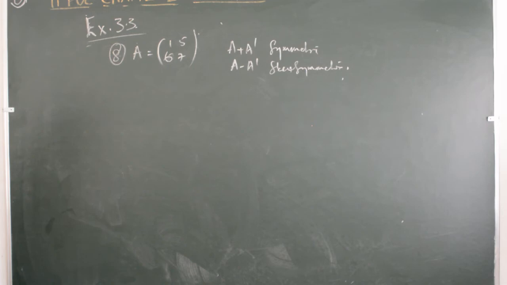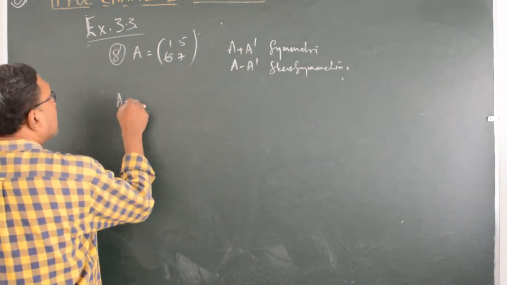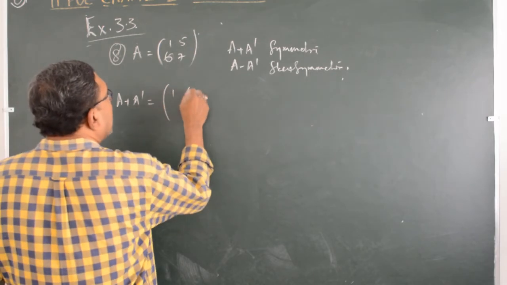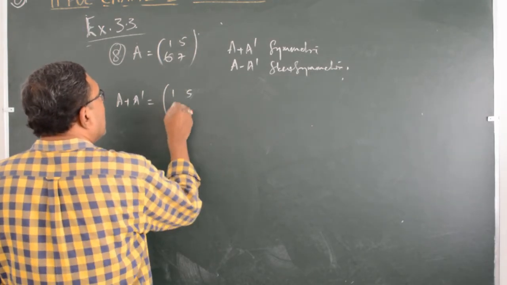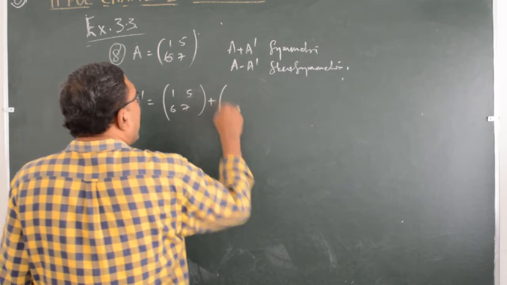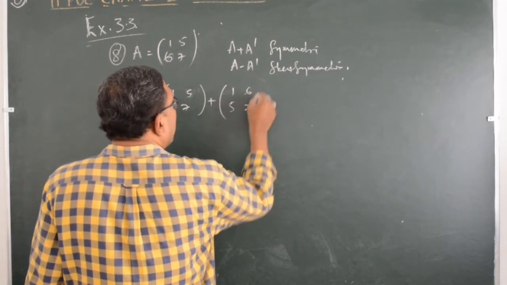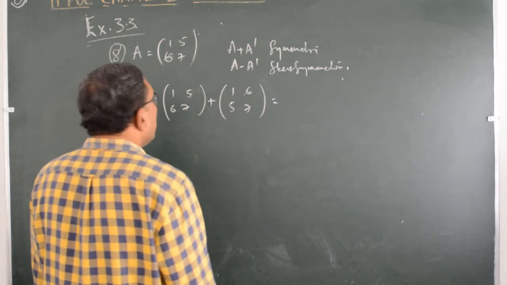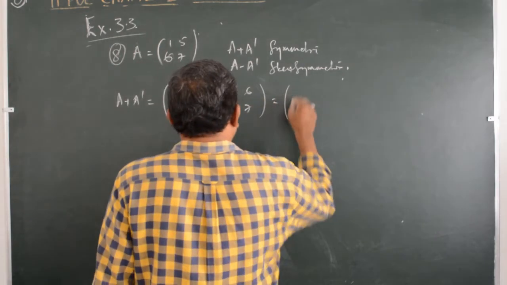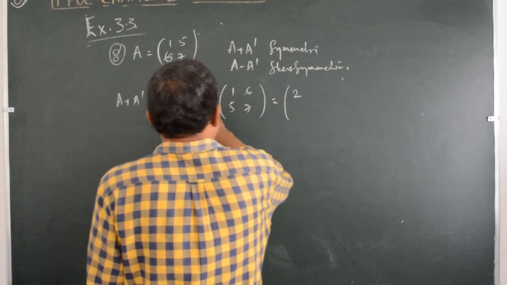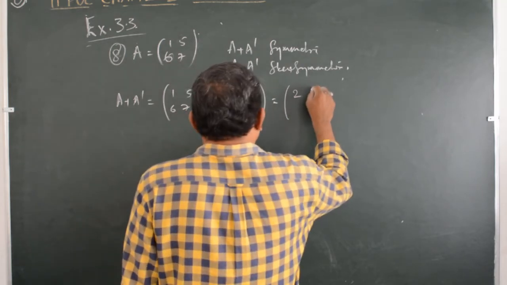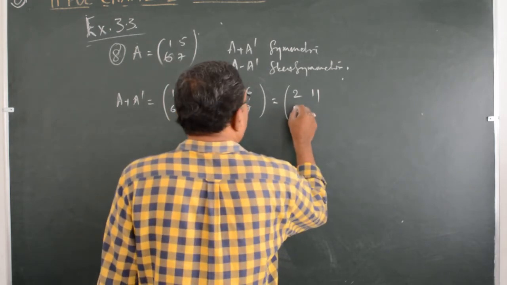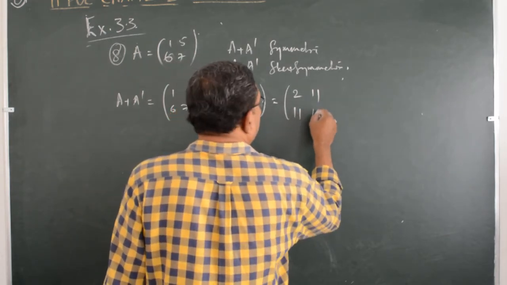Let us find what is A plus A dash. We get A plus A dash: 1, 5; 6, 7 should be added with its transpose 1, 6; 5, 7, which is equal to 1 plus 1 is 2, 5 plus 6 is 11, and 6 plus 5 is 11, 7 plus 7 is 14, right?